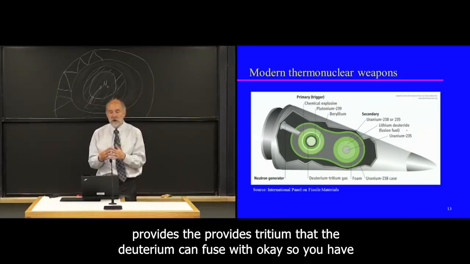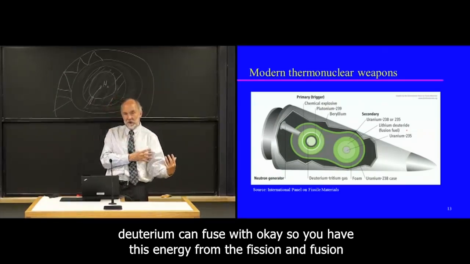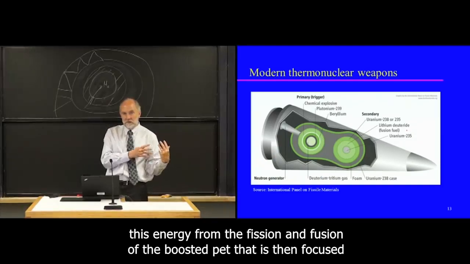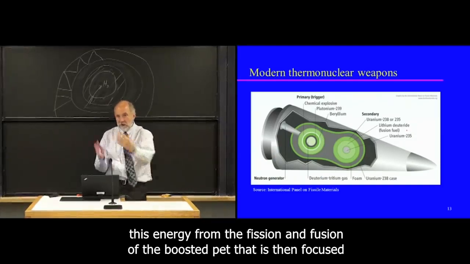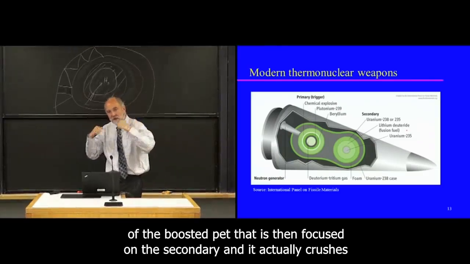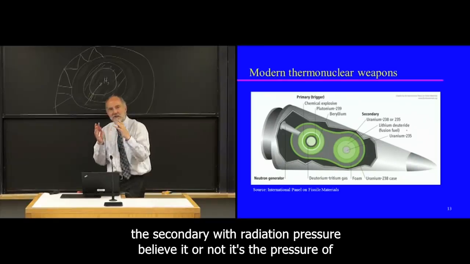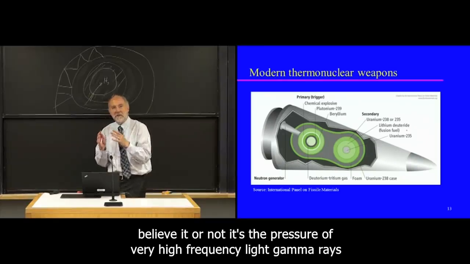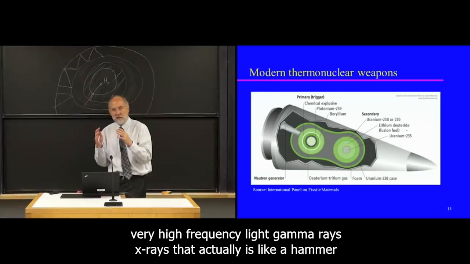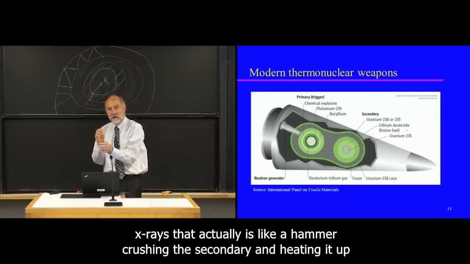Okay? So you have this energy from the fission and fusion of the boosted pit that is then focused on the secondary, and it actually crushes the secondary with radiation pressure. Believe it or not, it's the pressure of very high frequency light, gamma rays, X-rays, that actually is like a hammer crushing the secondary and heating it up.